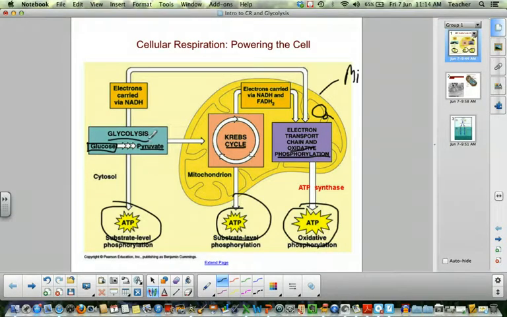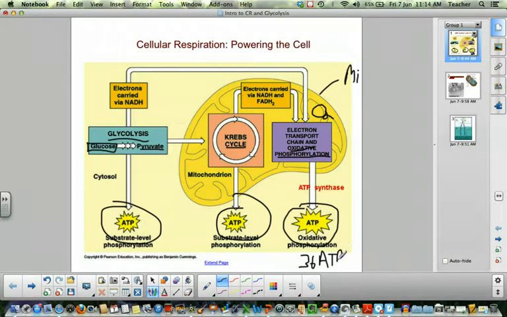In glycolysis and the Krebs cycle, we're also making some other important parts that are going to play a role in creating the huge chunk of ATP that we get here. Notice this box here is quite a bit bigger than these ones because we're getting lots of ATP. Now overall, if this works properly, we will get a total of 36 ATP.